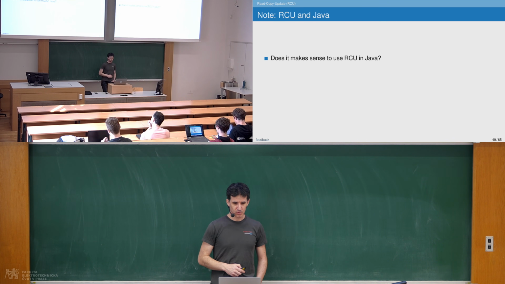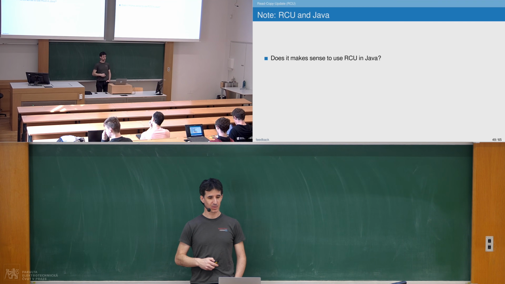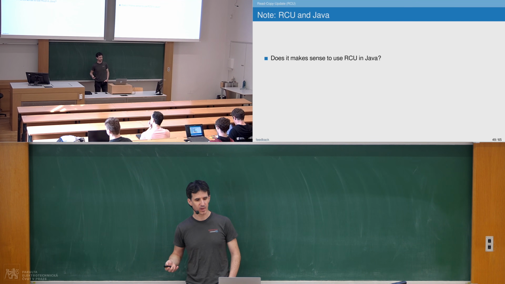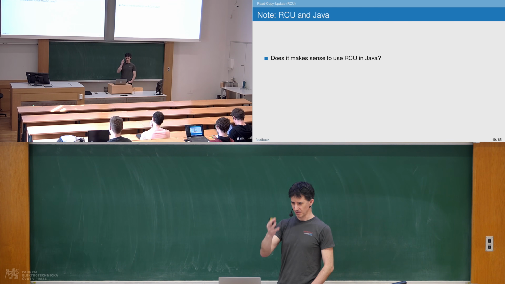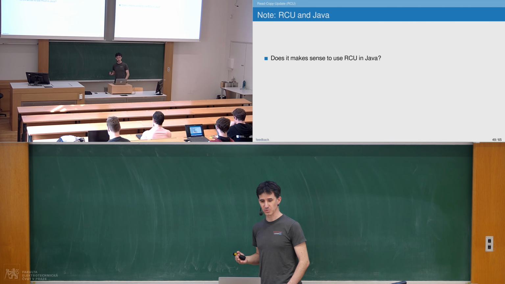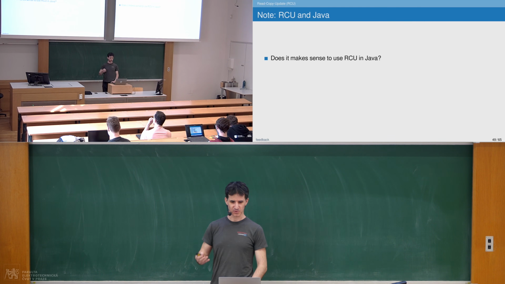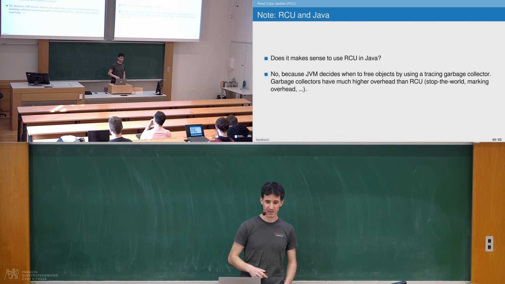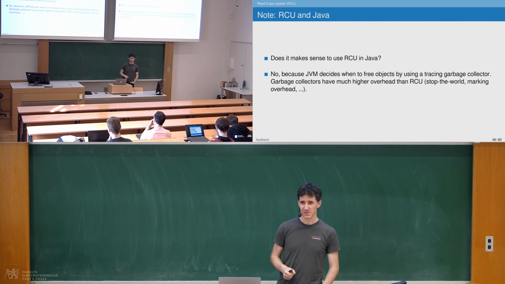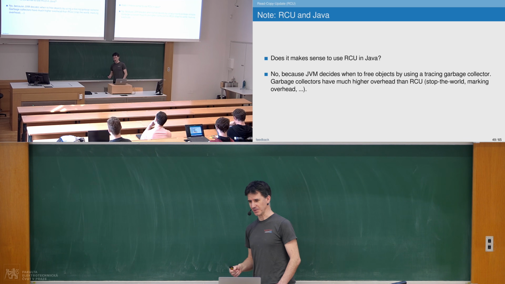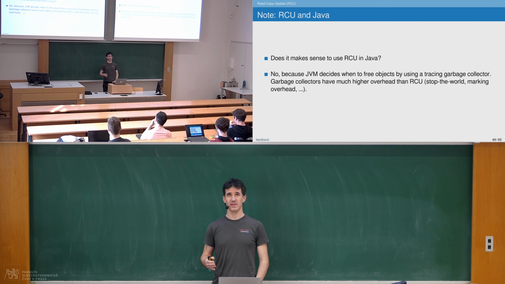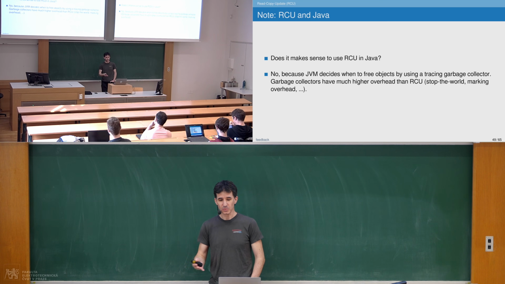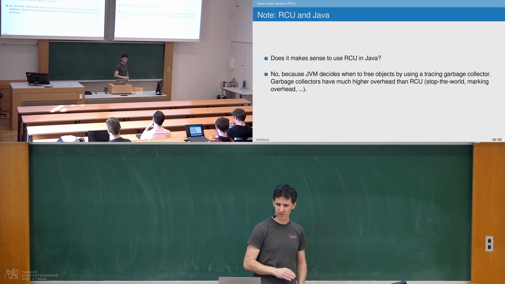And before we go to talking about the actual implementation and seeing how it works, one note or question: does it make sense to use RCU in Java? Because we have little time, I will answer myself: no, because Java has a garbage collector, so you don't need RCU to wait for this garbage collection.